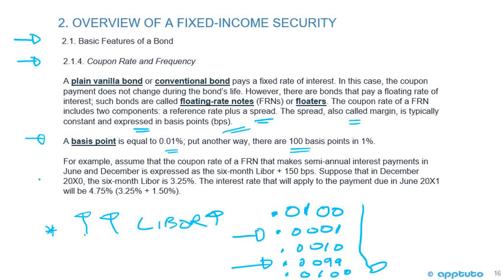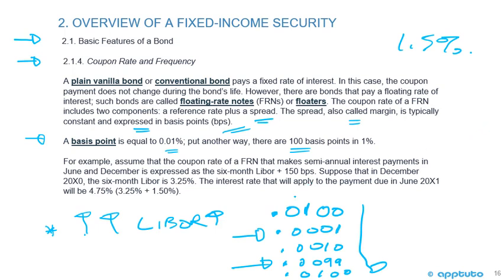So for example, assume the coupon rate of an FRN that makes semi-annual interest payments in June and December is expressed as the 6-month LIBOR plus 150 basis points. Well, we know that's going to be 1.5%. Suppose that in December 20XX, the 6-month LIBOR is 3.25%.